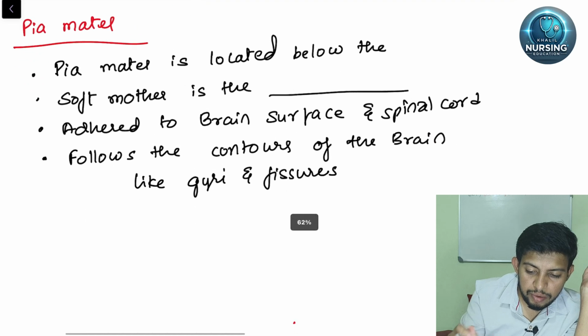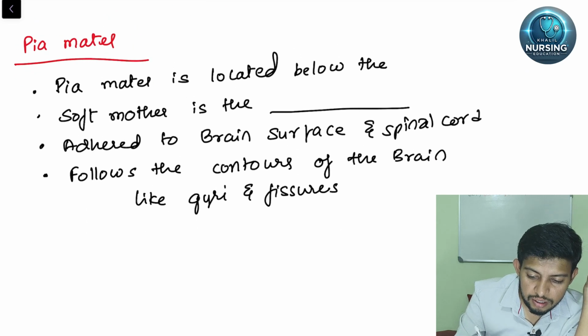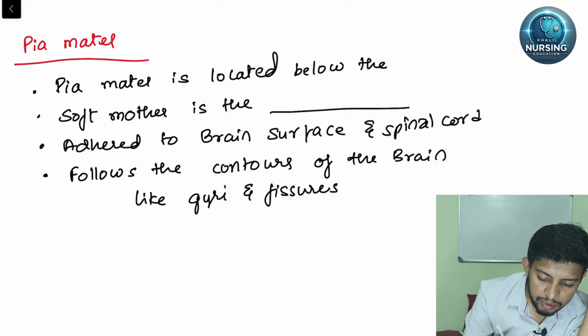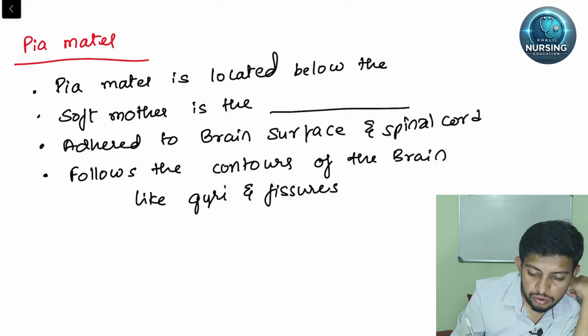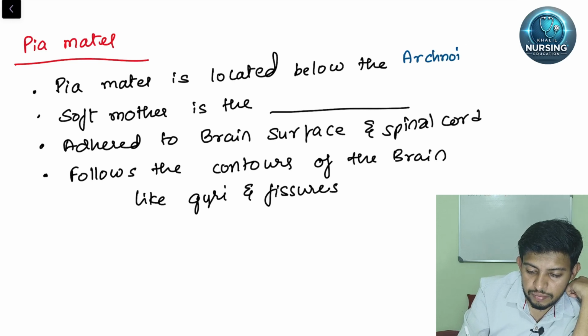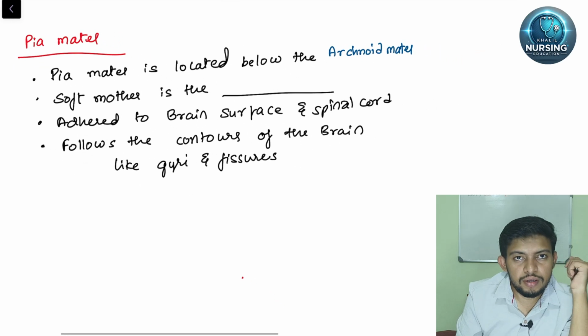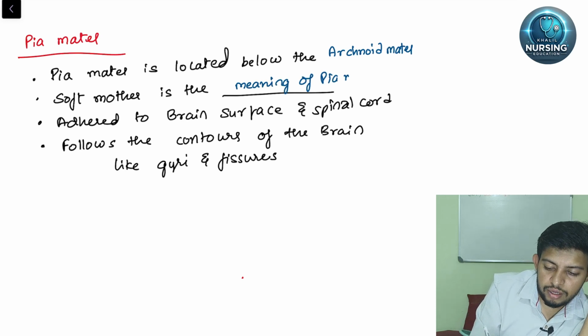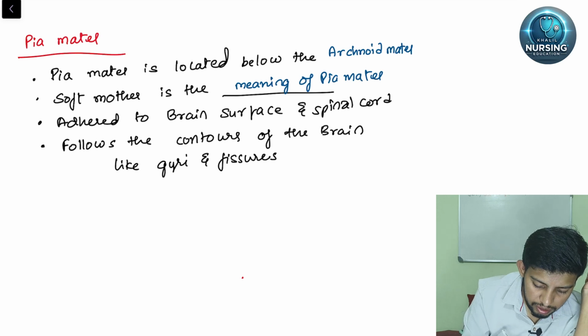Next, pia mater, the last and final layer after the dura mater. The pia mater is located below the arachnoid mater. Soft mother is the meaning of pia mater.